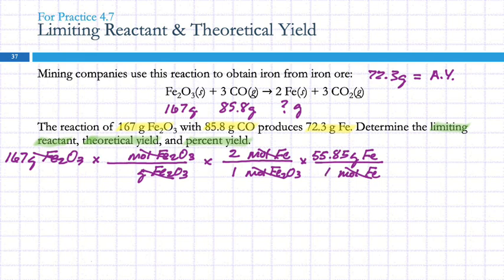Molar mass of iron is just sitting up there on the periodic table, but for the Fe2O3 I have to calculate it, 55.85 plus 3 times 16. 159.7.